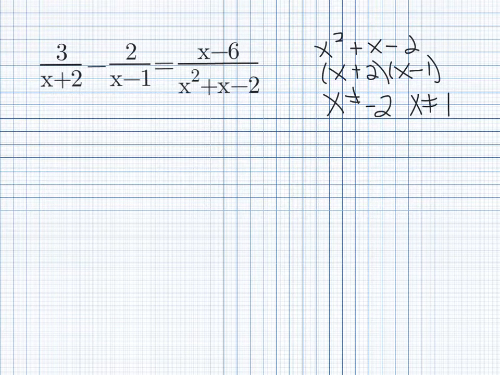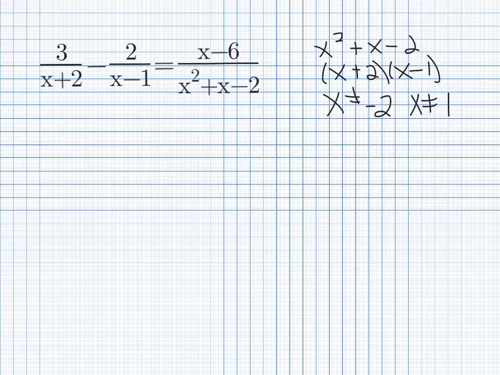Now that we have the restrictions on our solution set, we should multiply by the LCD to clear the fractions from the equation. Now, be very careful when you write this out. You do not want to put parentheses around the entire equation and only write the LCD once. That is very incorrect notation, so don't do that.